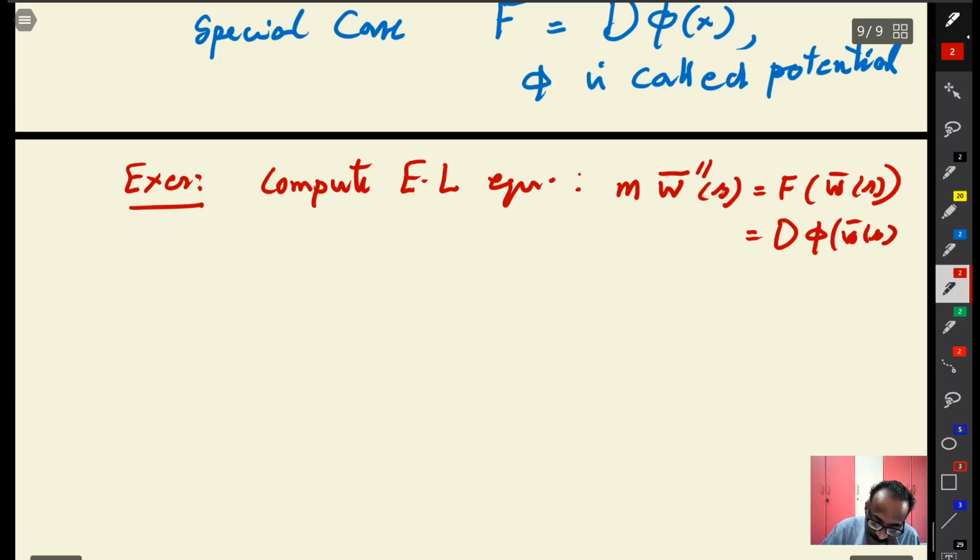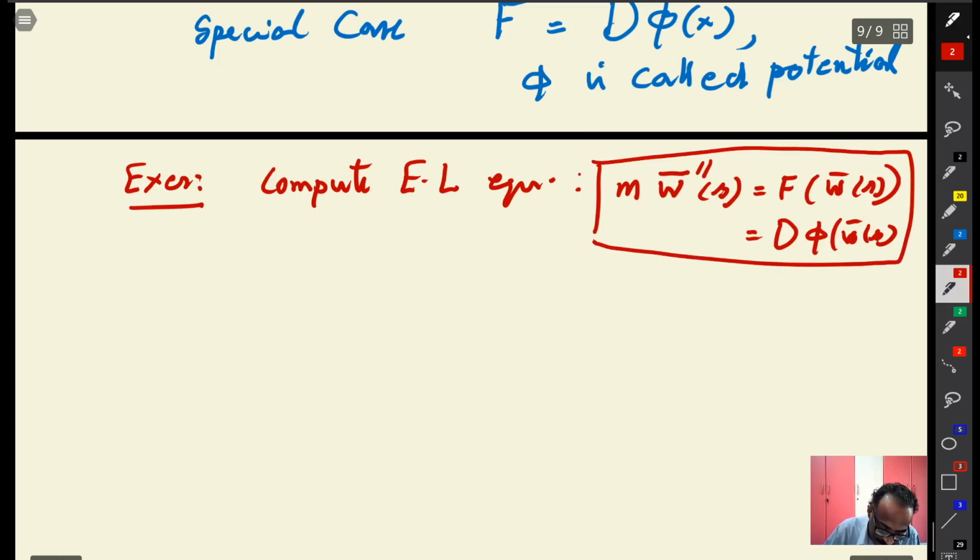You see, this is nothing but your second law of motion. Newton's second law of motion.